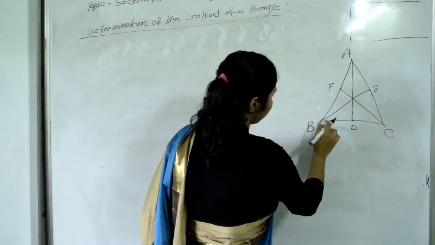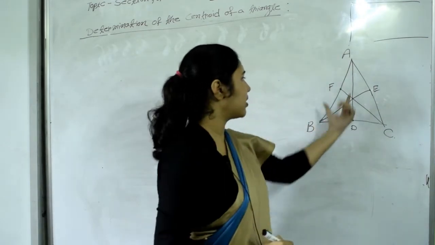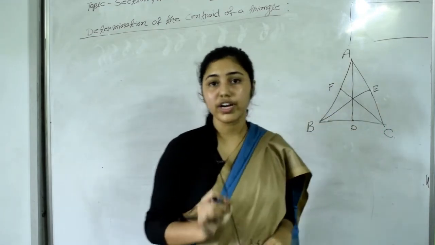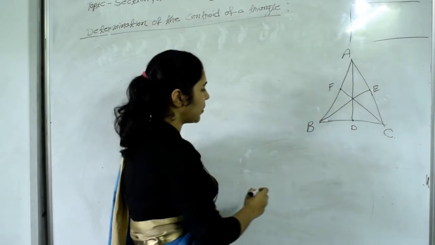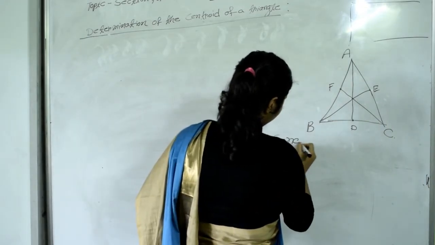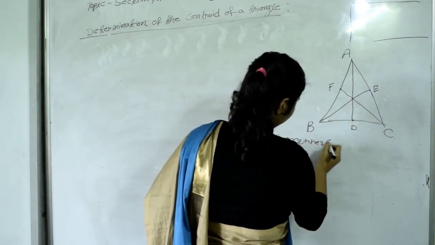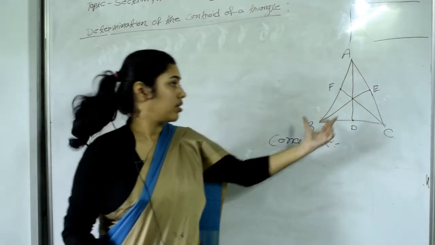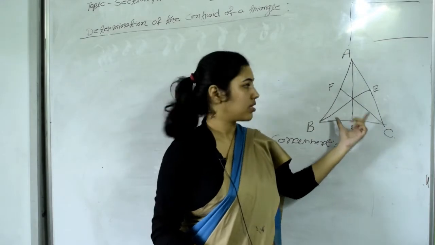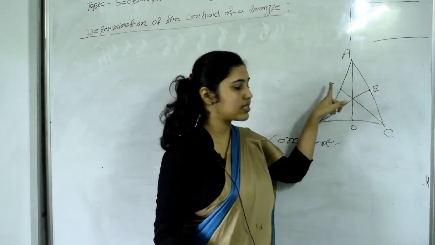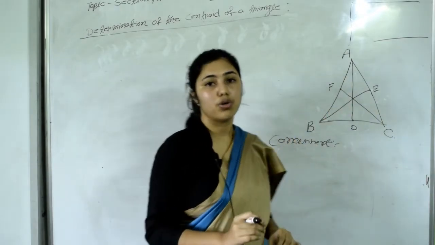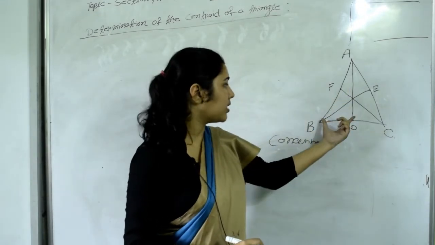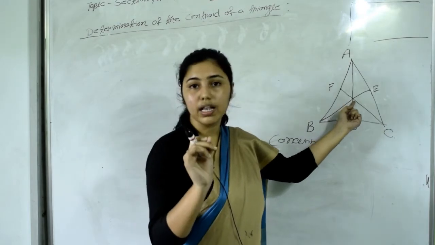Suppose, look here, medians AD, BE and CF all are straight lines, right? So the term concurrent means that the lines intersect at a single point.